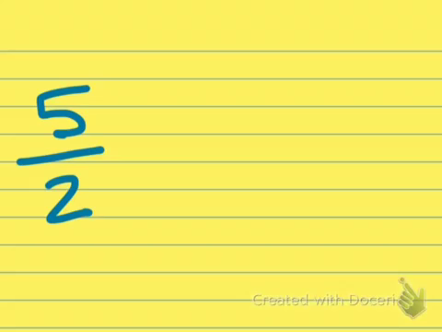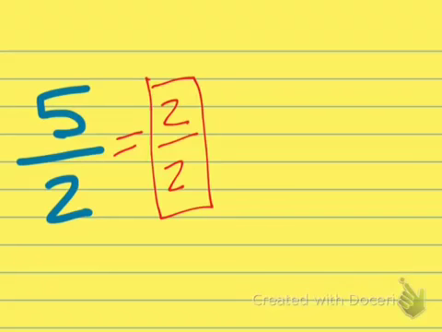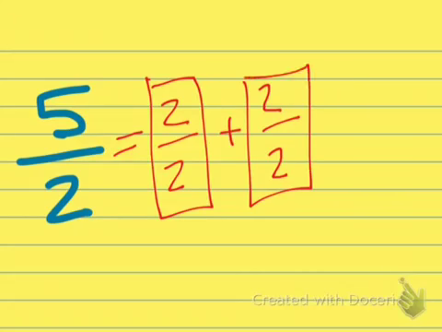Okay, you ready for the answers? All right, so to check your work, I'm just going to do it the repetition way. So 5/2, you know that 2 over 2 is 1. So there's 1 whole plus another 2/2.